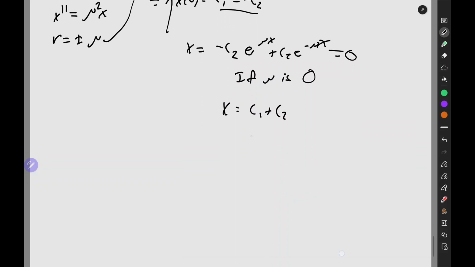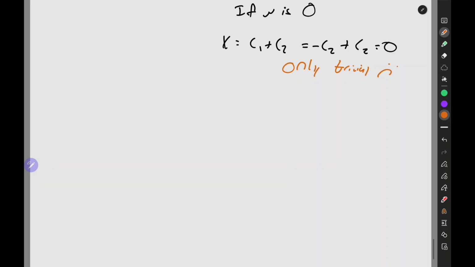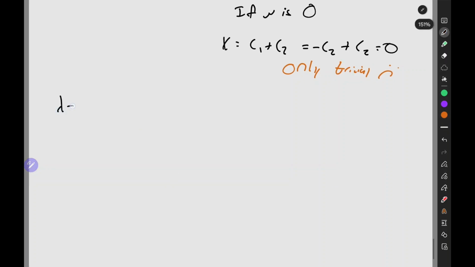We know C1 is equal to negative C2. So then we know it's only trivial solutions, which we don't want. So let's continue on to lambda equals 0.